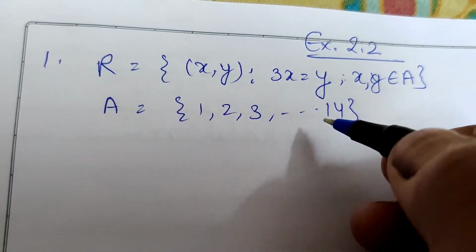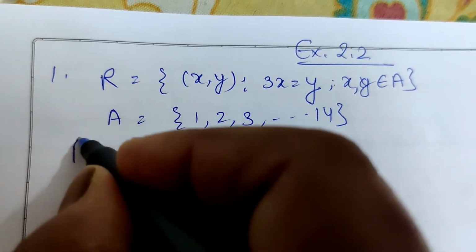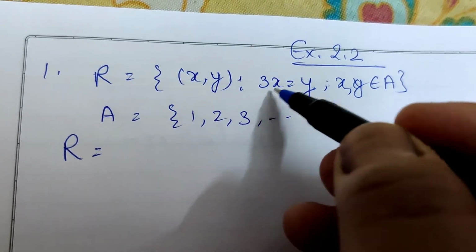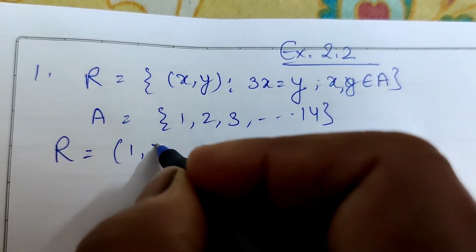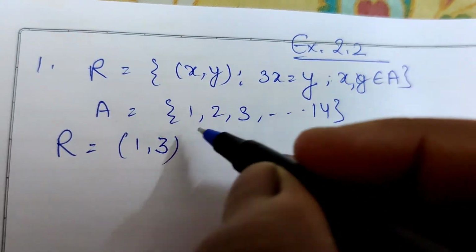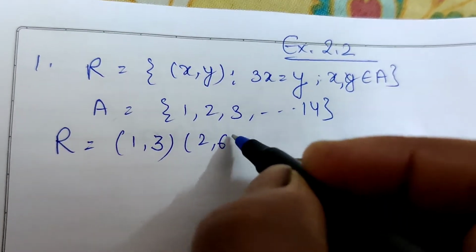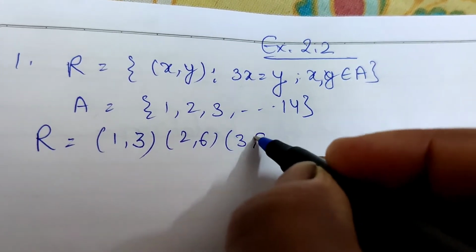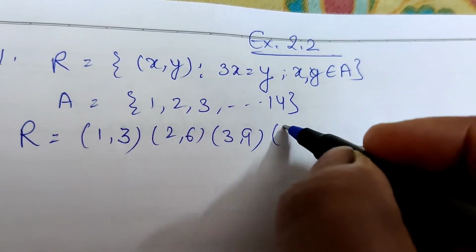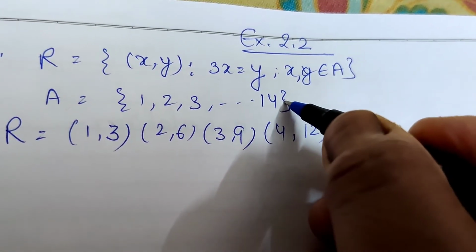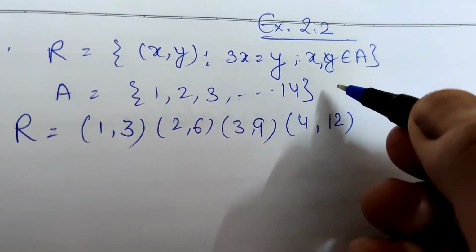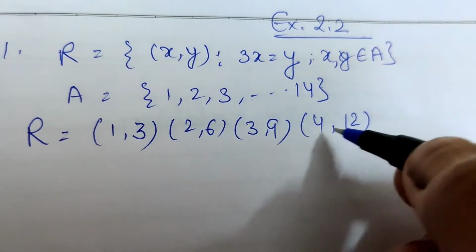Now the relation set becomes 3x equal to y. It means if x is 1 then y is 3 times 1, which is 3. 2, 6, 3, 9 and 4, 12. 5, 15 is not possible, because 15 is not an element of set A. These are the relation set.